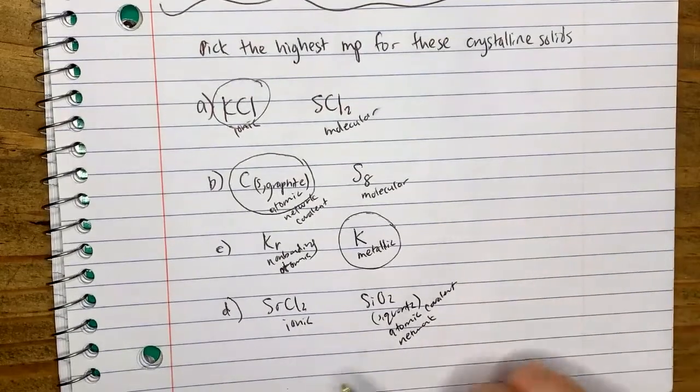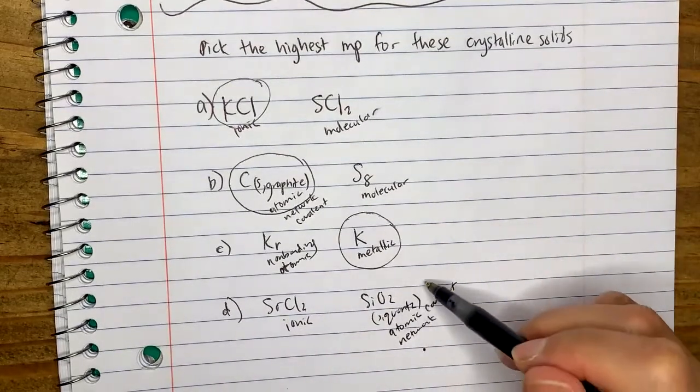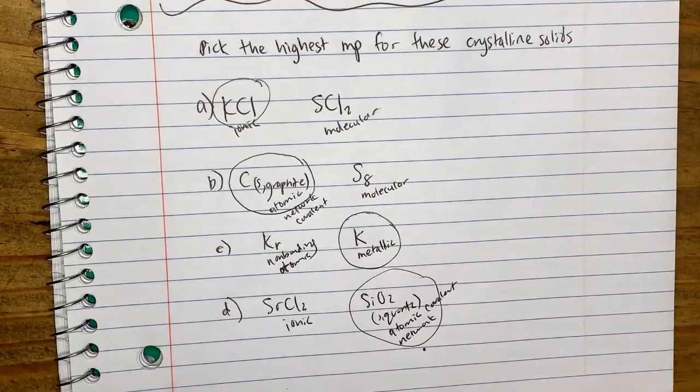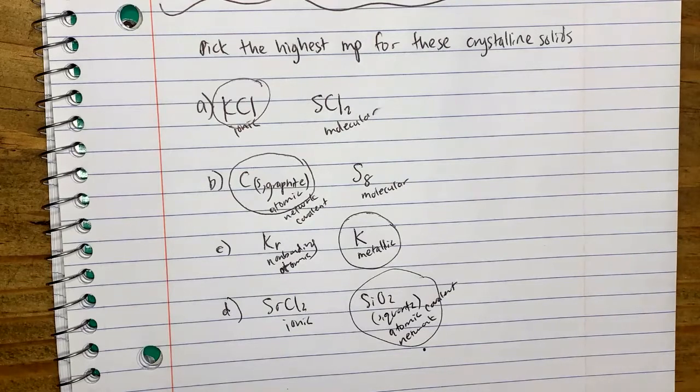So if you have ionic versus atomic covalent network, you're going to go ahead and pick the covalent network. That one will have the higher melting point. Okay, so sometimes you'll see questions that ask you to rank melting points. Sometimes they ask you to pick highest, sometimes they'll ask you to pick lowest. You just have to be able to tell when you're comparing them, which one would have a higher or lower melting point for these crystalline solids.